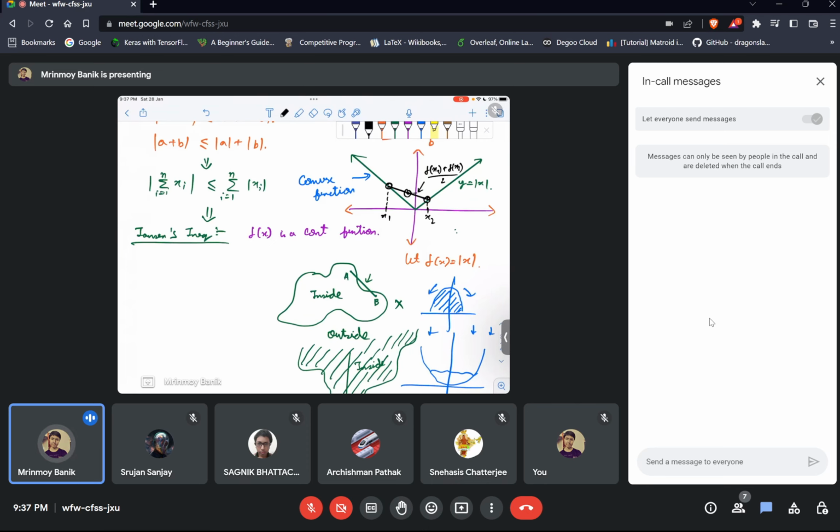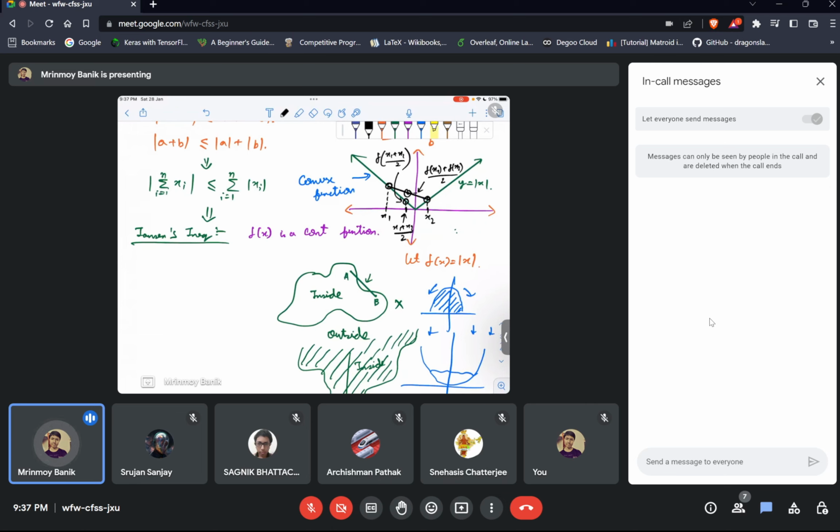Also, if you pick the midpoint along the x-axis, so this point is (x1 plus x2) by 2, and then get the corresponding y value, you get f of (x1 plus x2) by 2.